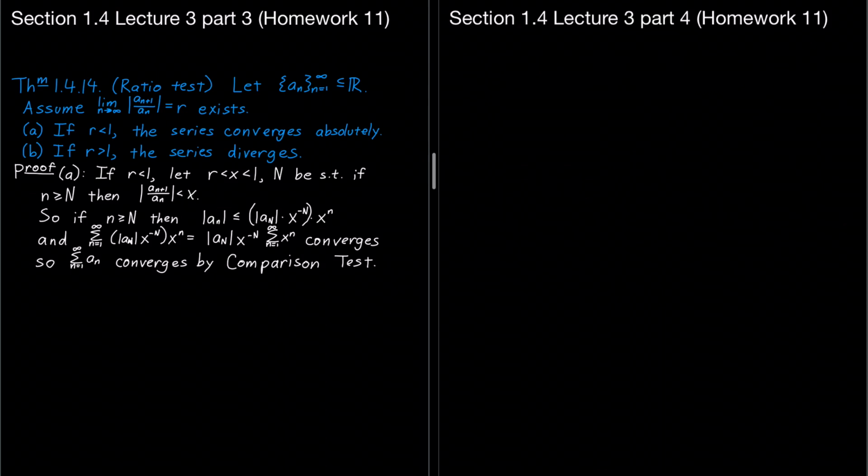Just as with the root test, if your limit exists and is 1, the test is inconclusive, so we won't rehash those examples. You can go back and look at the examples from the first part of this lecture and see they all have ratio 1 or +1 or -1 in the limit.